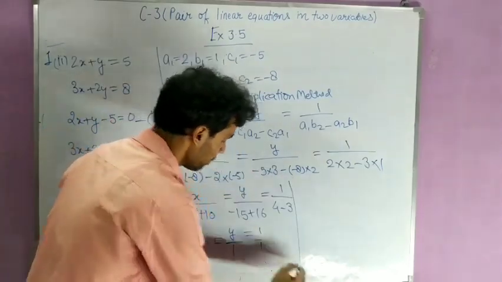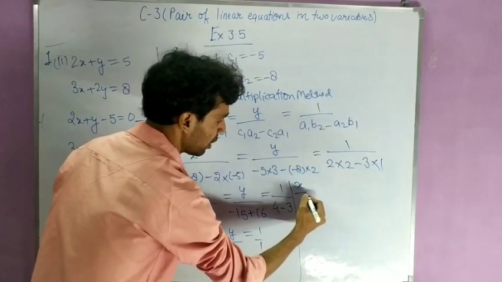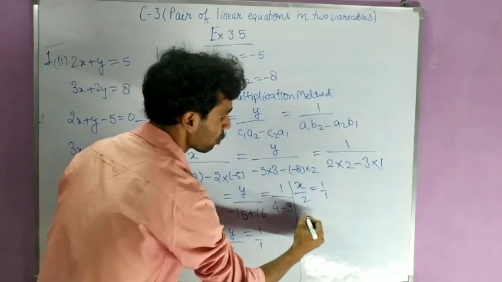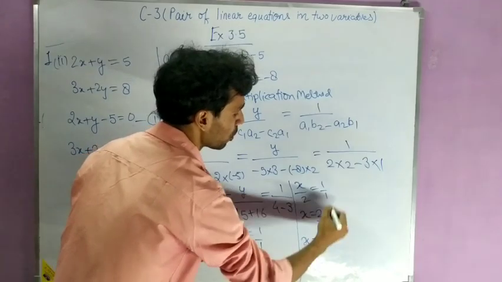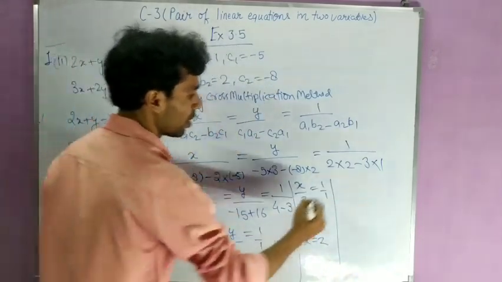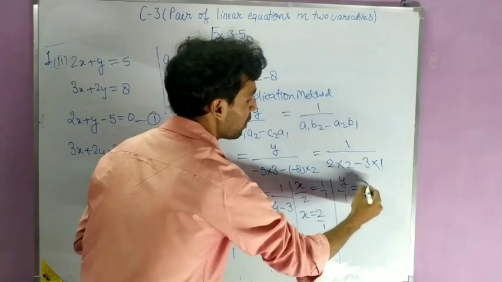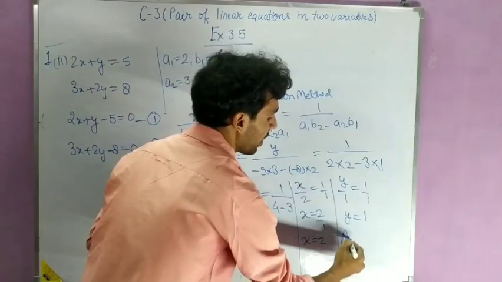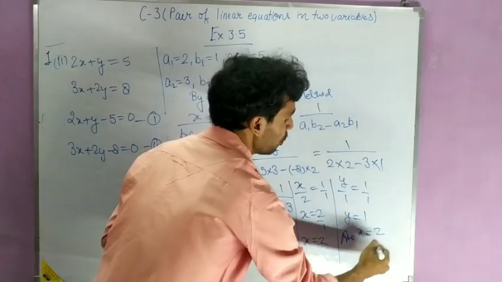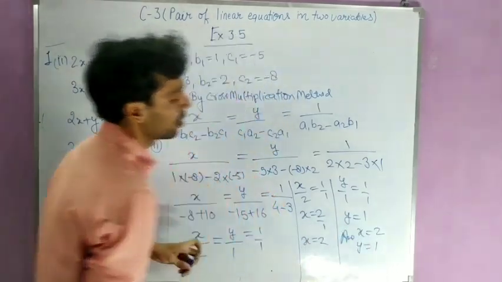So what we will write? x by 2 is equal to 1 by 1. So x will be equal to 2 by 1, so x will be equal to 2. Similarly, y by 1 equal to 1 by 1, so y equal to 1. So the value of x and y: x equal to 2 and y equal to 1.